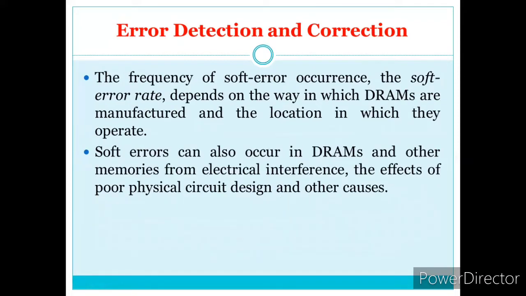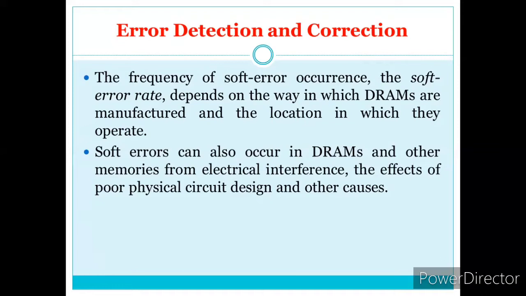The other factor is the frequency of soft error occurrence. The soft error rate depends on the way in which DRAMs are manufactured and the location in which they operate. Soft errors can also occur in DRAM and other memories due to other parameters such as electrical interference.